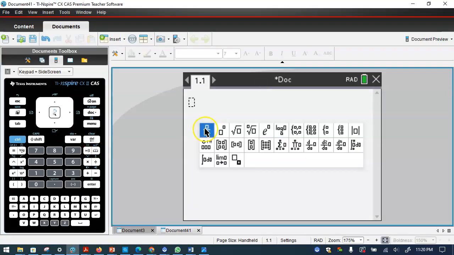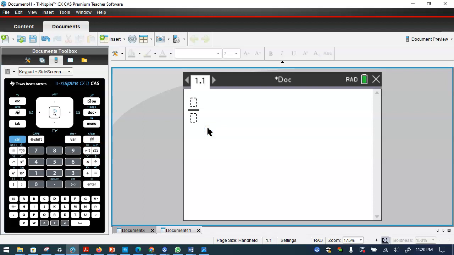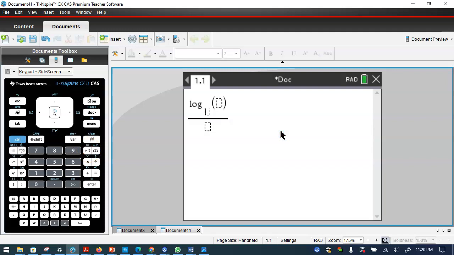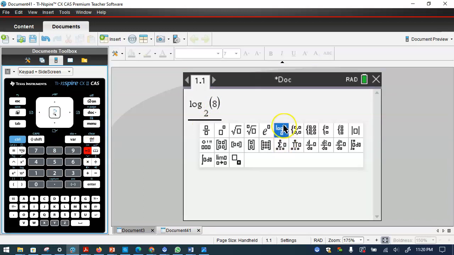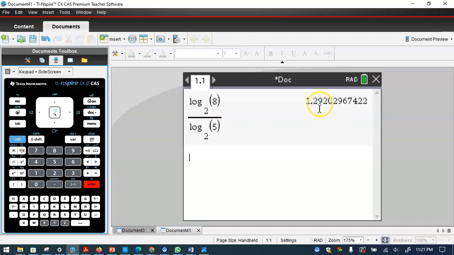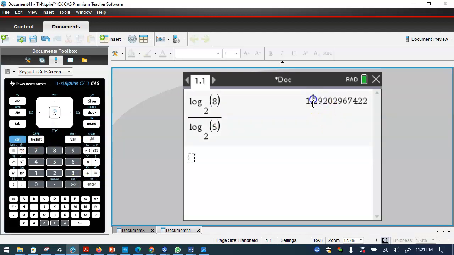So click on quotient and there I'm going to put this log. So log base 2 and put, I think it was 5 or 8, whatever you see. And down again you put log, and again put a 2 there and put a 5 there. And then control enter, and you want to write 6 decimal places. So it is 1, 2, 3, 4, 5 and 6.